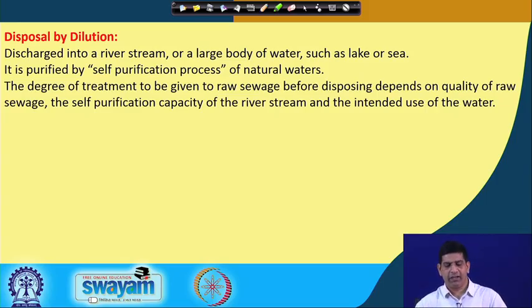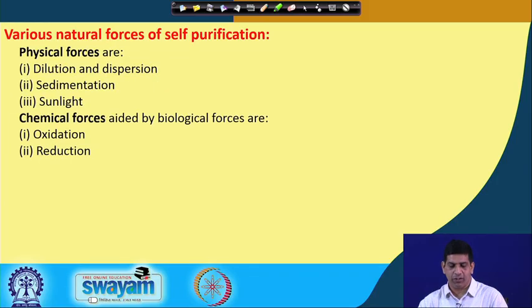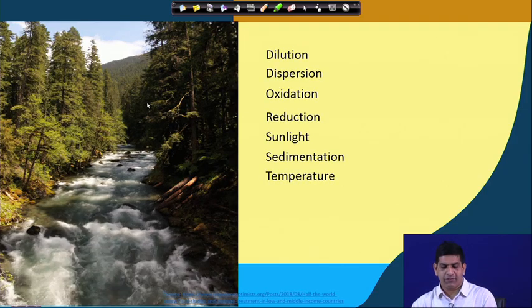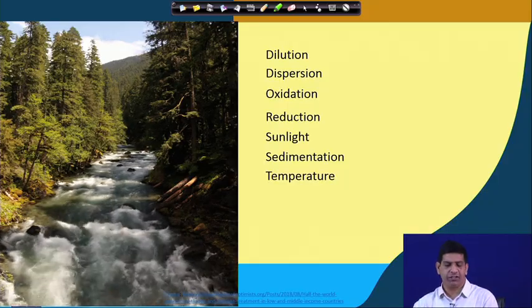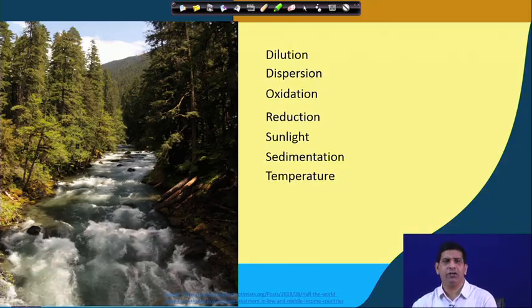Self purification does happen, but you do not see it very clearly, so you need to put some treatment system in place as well. Self purification involves dilution, dispersion, sedimentation, sunlight, which are physical processes, and chemical processes such as oxidation and reduction. Temperature also plays an important role.